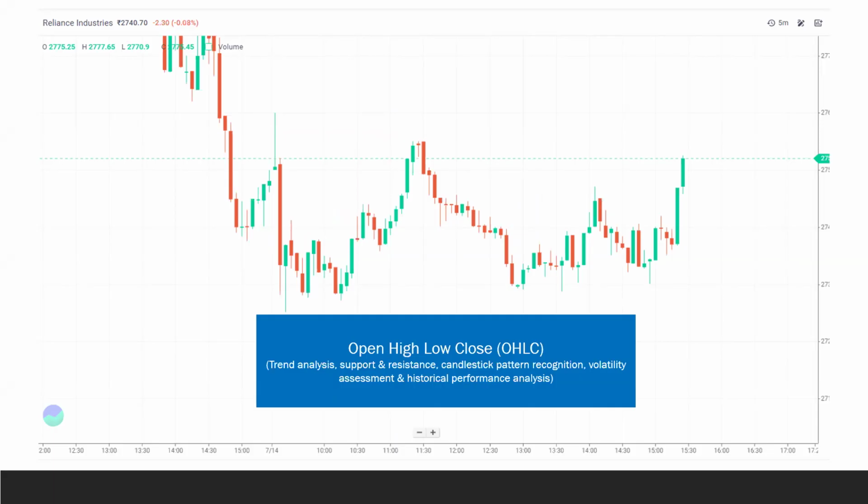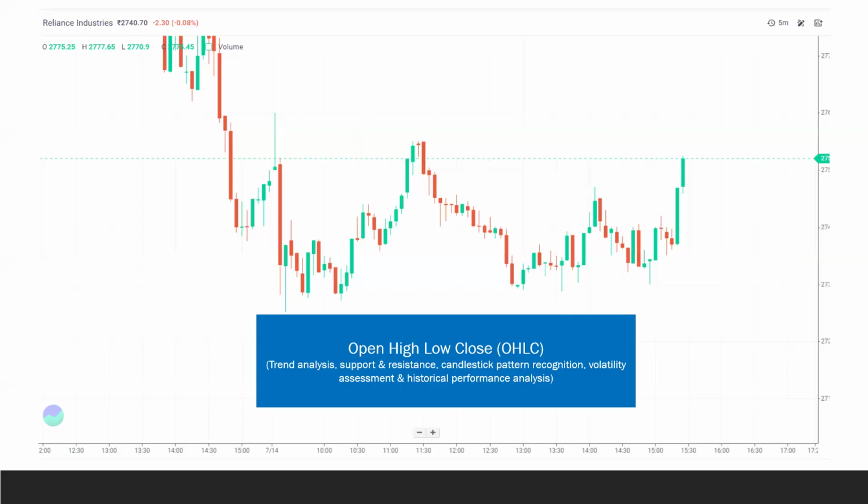This chart can help you do trend analysis, understand where support and resistance are. It will help you understand the candlesticks, what kind of candles are getting formed. It will help you understand whether that particular stock is volatile or not, and it will also help you go in depth into the historical performance analysis of a chart.